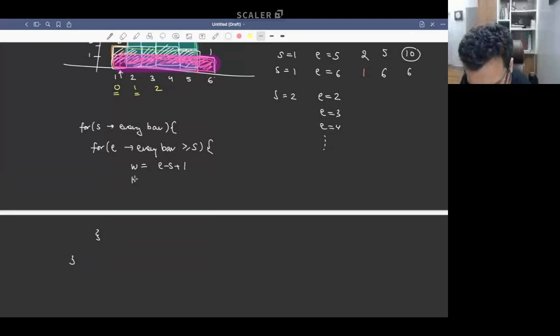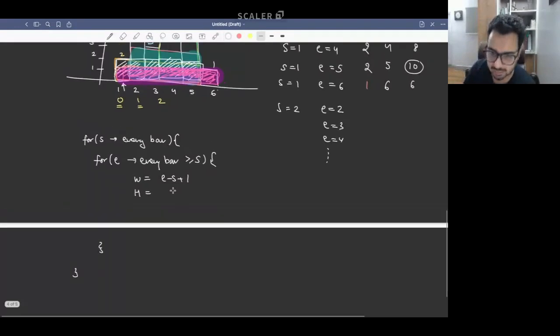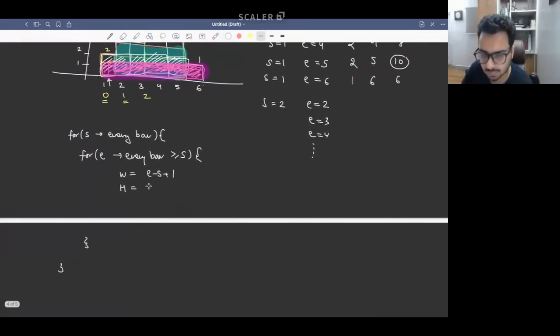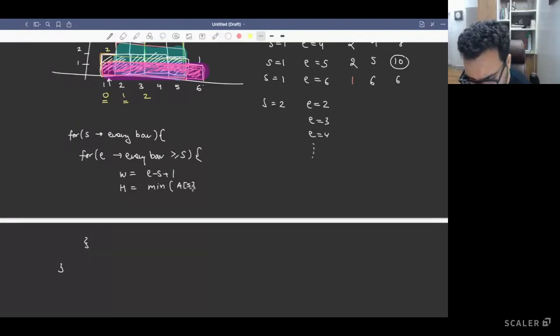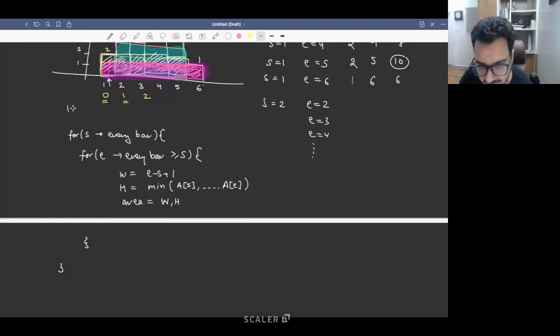What will be the height? How do I get the height? Minimum, right? So the minimum of the array from array of start till array of E. And my area is nothing but W into H, and largest I say is 0 in the beginning.